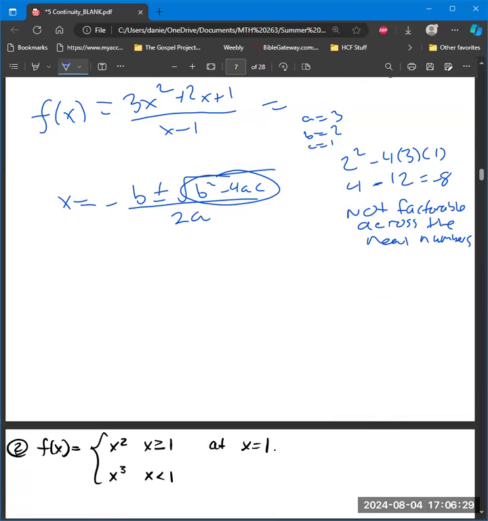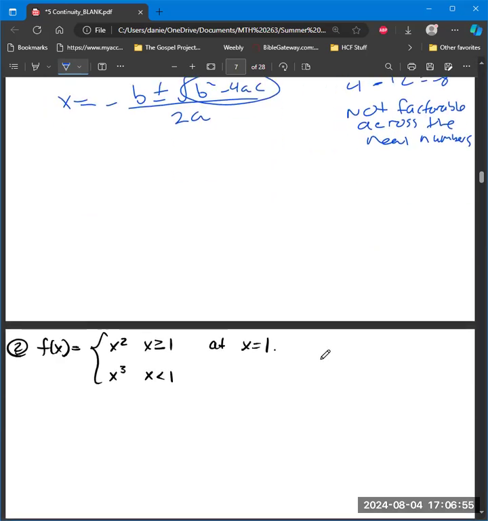So we're not going to be able to factor out an x minus 1 and get an answer here for it. So don't worry about that. That means x equals 1 is a vertical asymptote because there's no term in the numerator that helped cancel out the x minus 1.